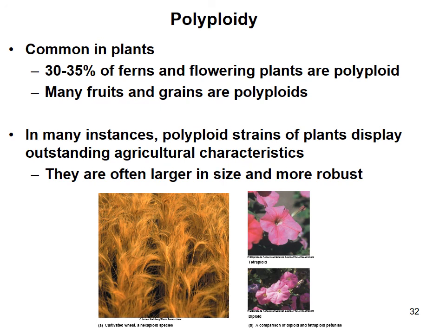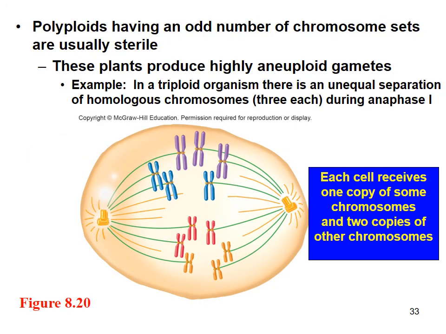We do, however, run into an issue when it's time for replication, because if you have an odd number or an abnormal number of chromosomes, remember, it makes it very difficult for you to divide that number in half to produce viable normal gametes. So here, for instance, you can see that you have the polyploids having an odd number of chromosomes, which means that when it's time to separate, they cannot have an equal separation.